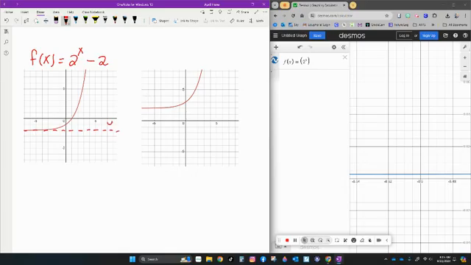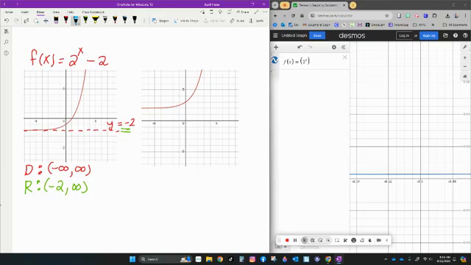So that asymptote is at y equals negative 2. So our domain is going to be negative infinity to positive infinity, all real numbers. And then our range, since this time our asymptote is at negative 2, we're going to start at negative 2 and then continue on to positive infinity.